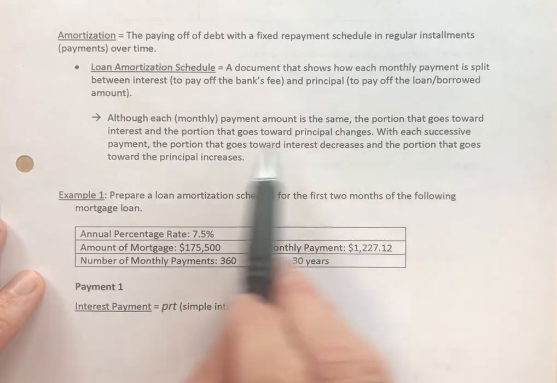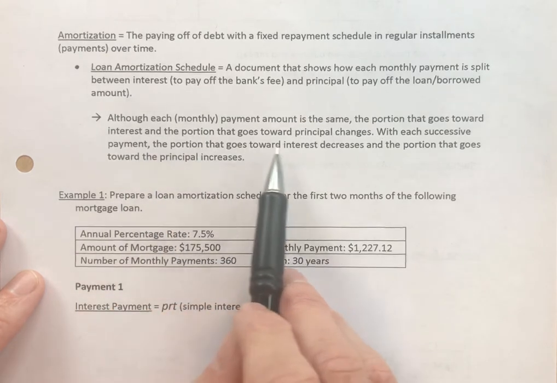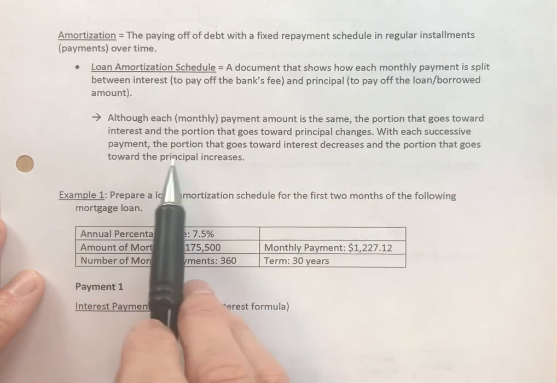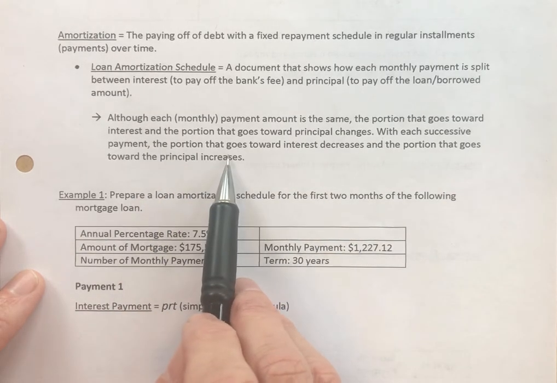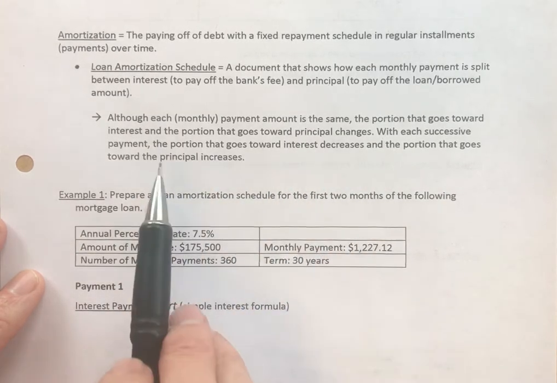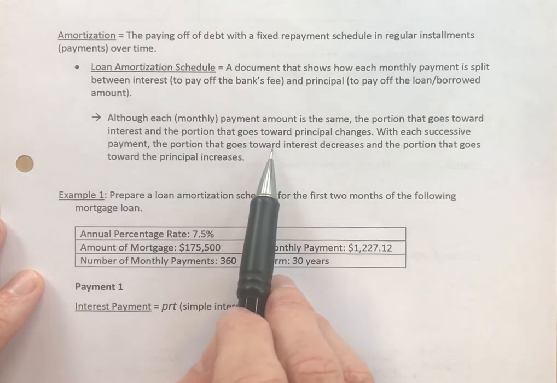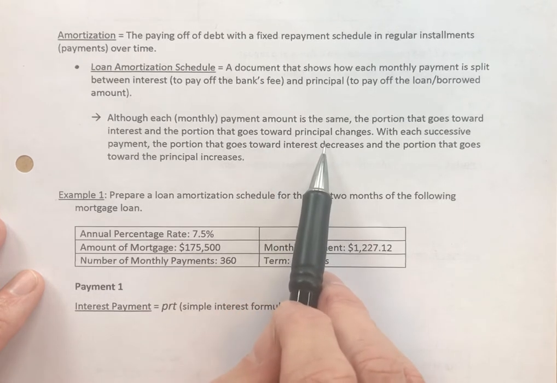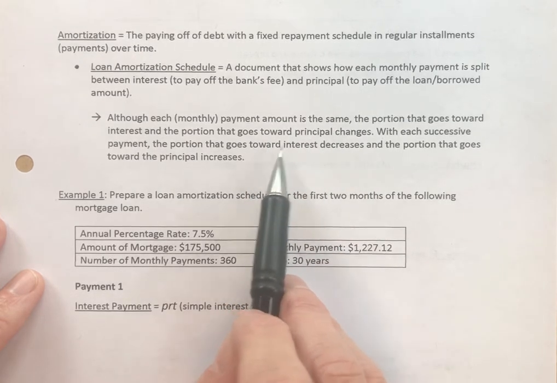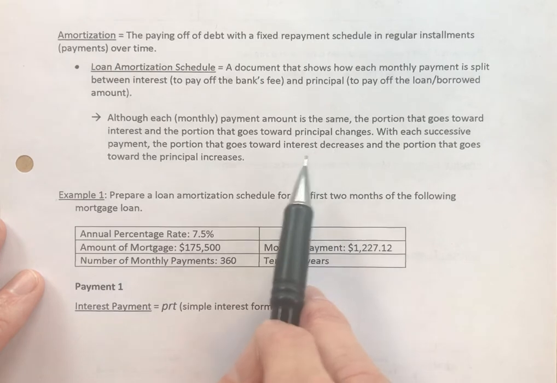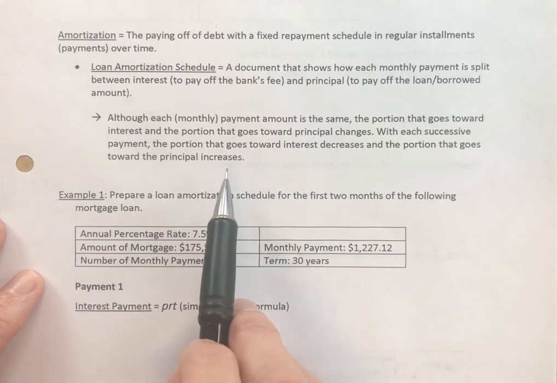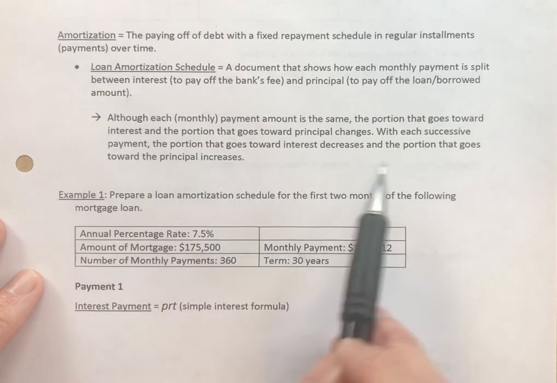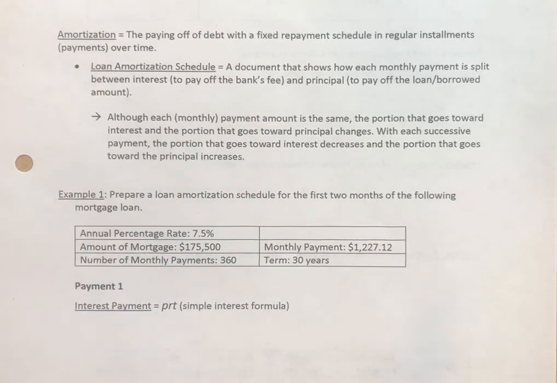With each successive payment, the portion that goes toward interest will decrease and the portion that goes toward the principal will increase. In other words, the bank gets their money first. In your initial payments, most of that goes to the bank, not much of it goes to pay off the loan. In your final payments, very little goes to the bank and most goes to the loan. We're going to see that.